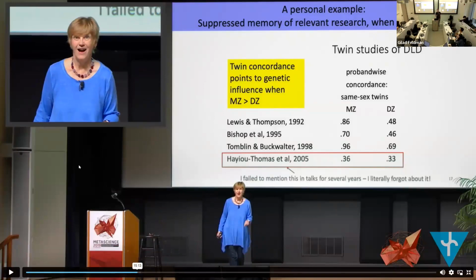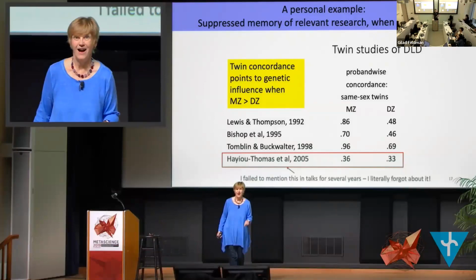That was a study by her PhD student that she completely suppressed and forgot about because it did not go with what she was looking for. It's the most recent study, 2005, but she forgot about it because it did not go with the general story about the difference between these 2 types of twins.